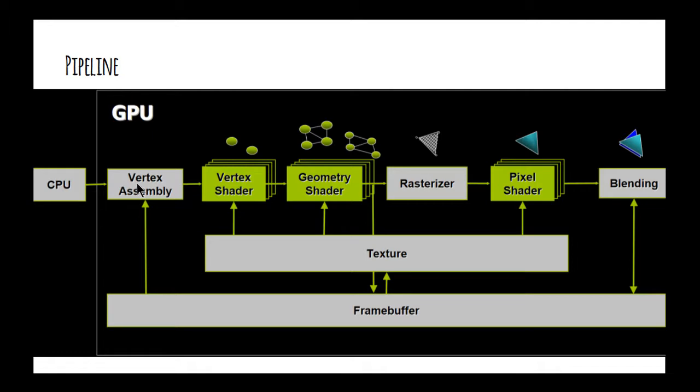We don't mess with vertex assembly, the rasterizer, or blending, and so on. We don't work with textures directly, or the frame buffer as well. We work with the vertex shader, geometry shader, and pixel shader. Okay.